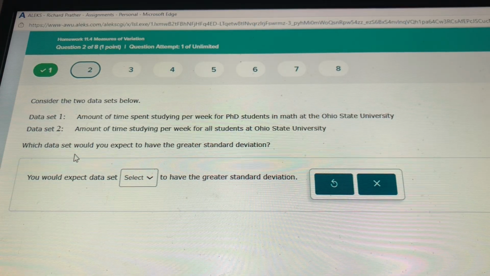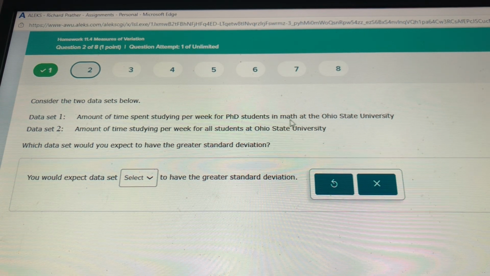Okay, same question, except now instead of giving me numbers, they're giving me scenarios. The amount of time spent studying per week for a PhD student in math at Ohio State University. The amount of time studying per week for all students at Ohio State. So PhD students are probably not only putting a lot of time into their studying, but you don't get that far along unless you're really serious about this.